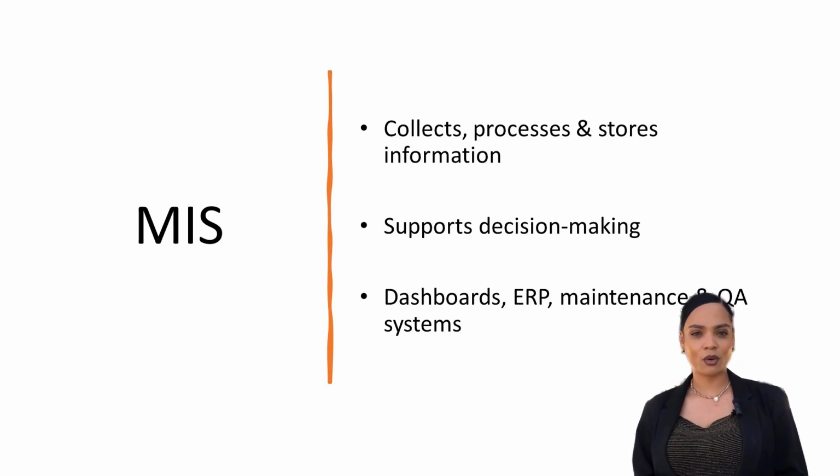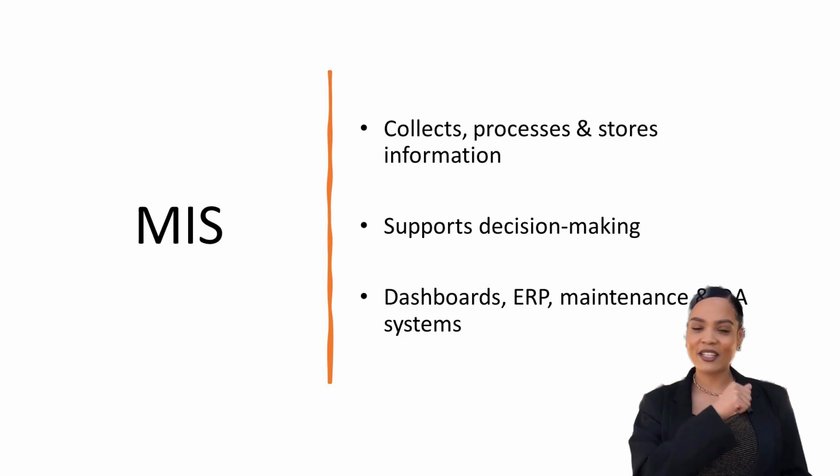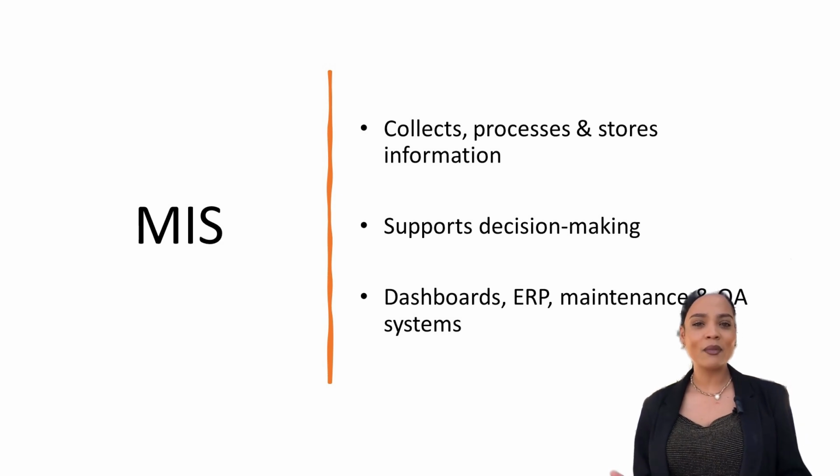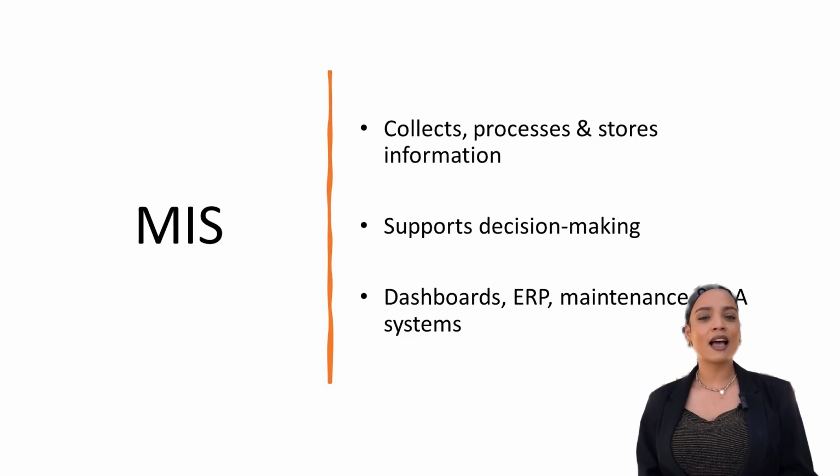Common MIS tools used in manufacturing environments include ERP, Enterprise Resource Planning systems, consolidating data across departments such as production, inventory, finance, and procurement. Maintenance tracking systems, monitoring equipment health, scheduling preventive tasks, and reducing breakdowns.